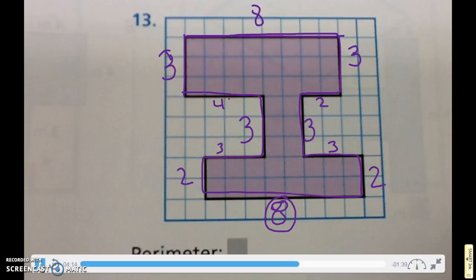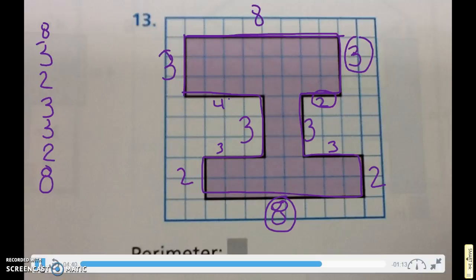To find the perimeter, I have to add the lengths of all of my sides. So I've got 8, then I've got 3, that little 2 right here, I can't forget that 2, 3, 3, 2, 8, 2, 3, 3, 4, and 3.